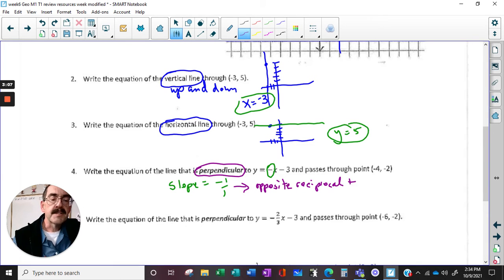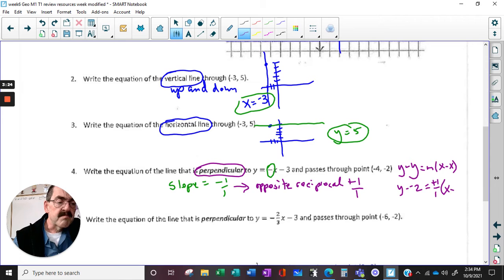So +1/1. So let's just write it out. Y minus y1 equals m times x minus x1. Y minus -2 is equal to +1/1 times x minus -4. Want to clean it up? That's cool.